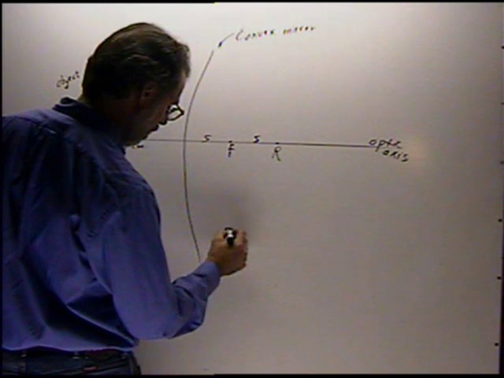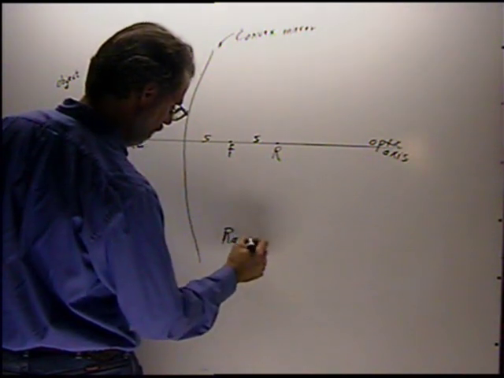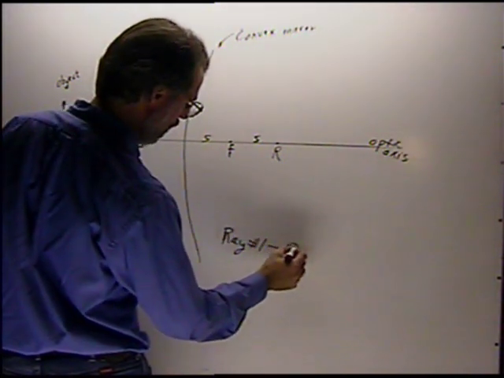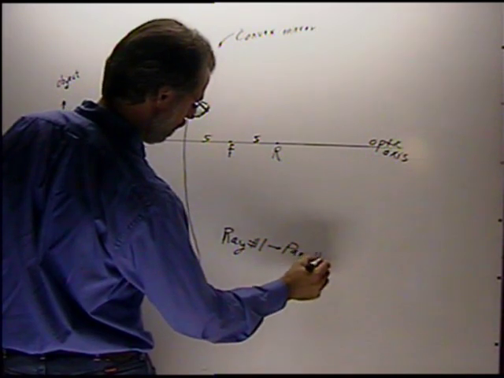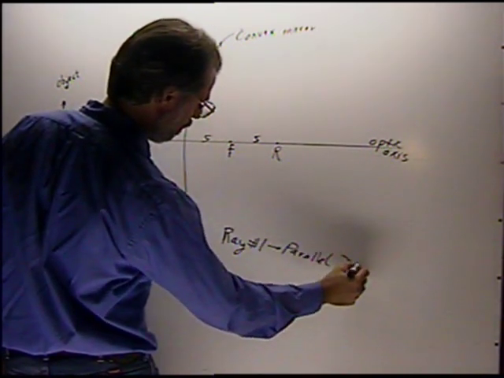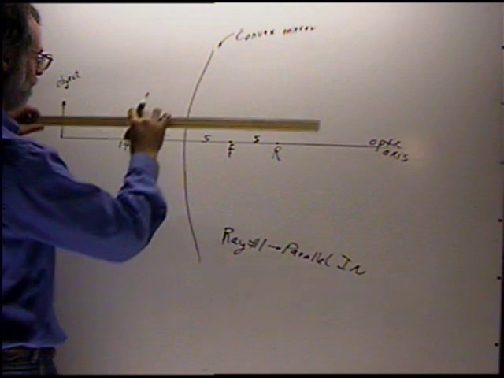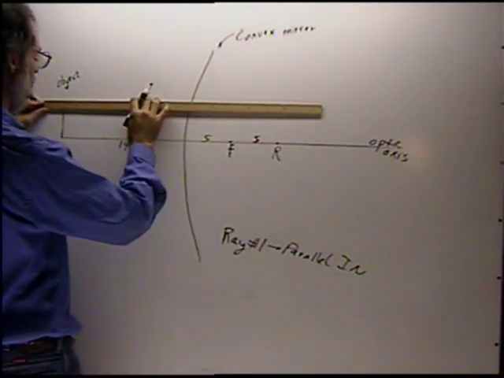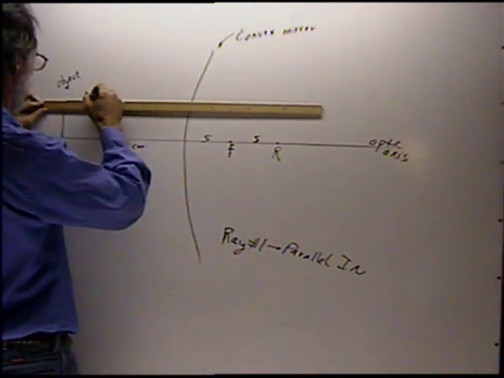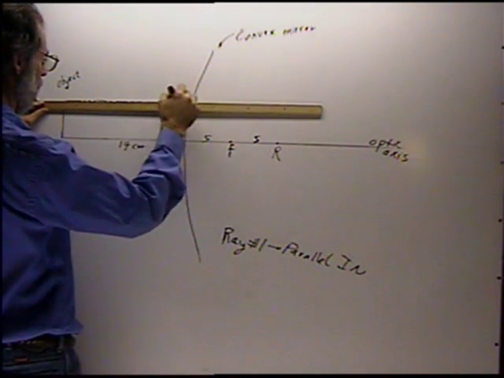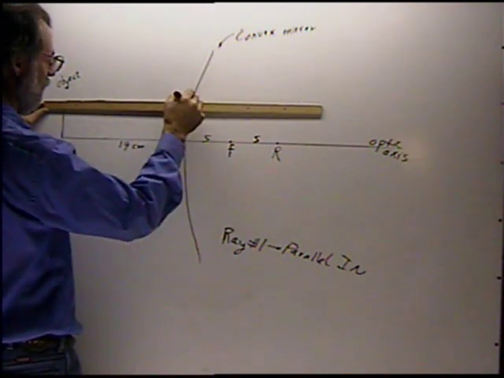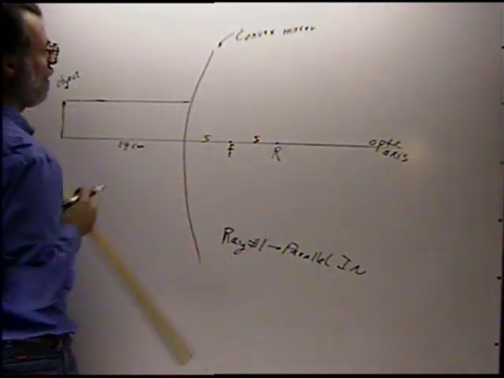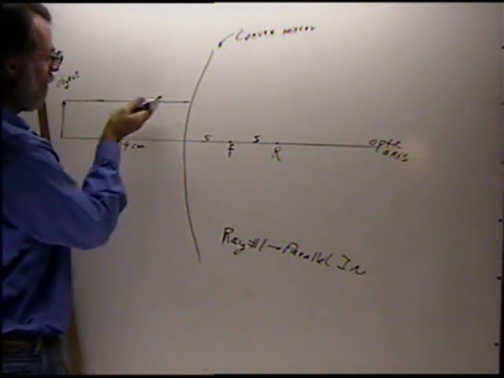Ray number 1 is parallel in. So we draw it parallel in. Here comes the ray. Now notice, because the mirror is convex, how is it going to reflect?